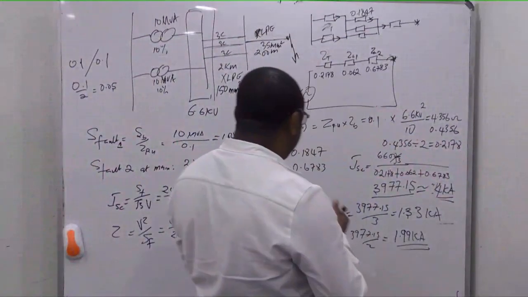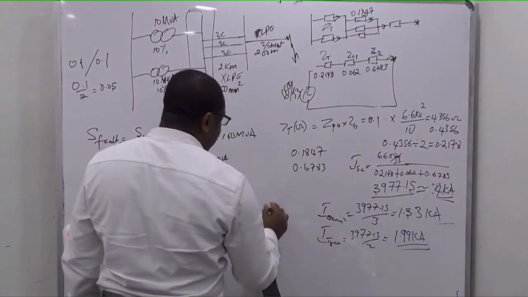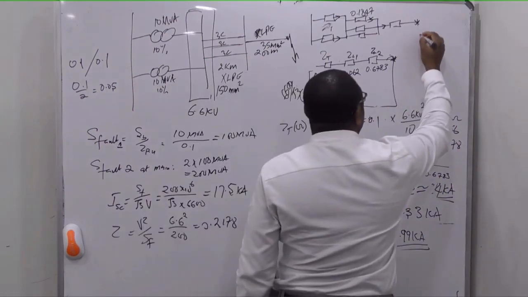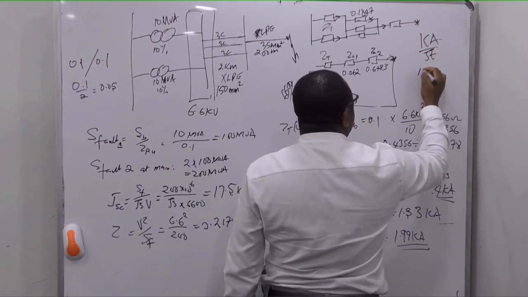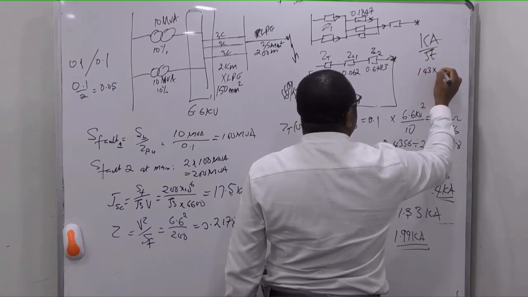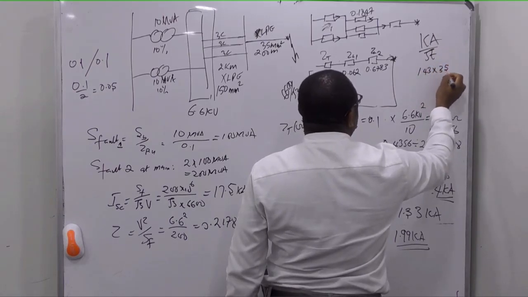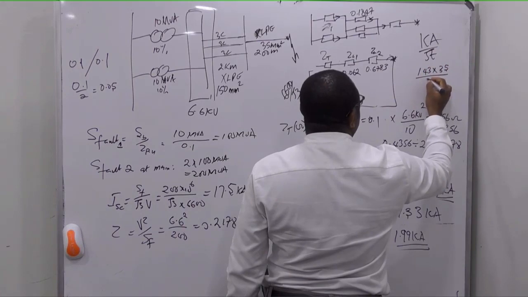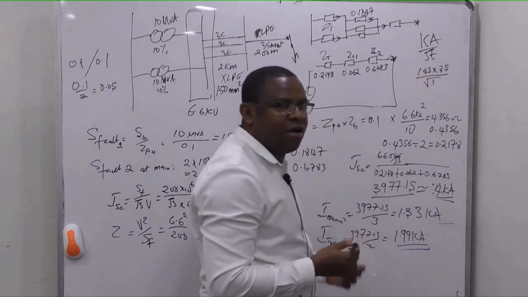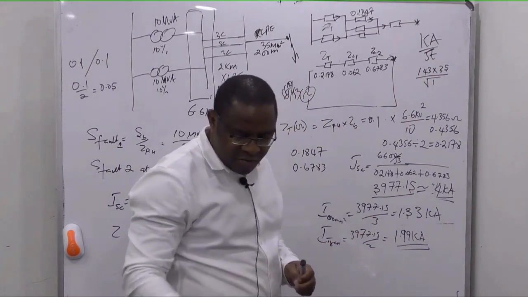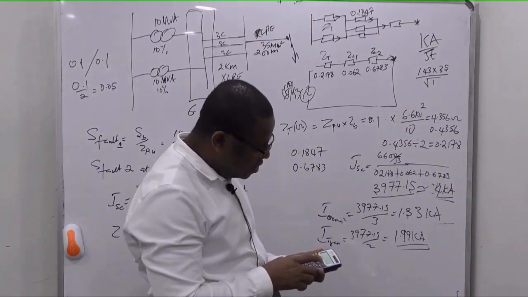Because I want to use K A over root t. So 143 times 35 mils divided by the square root of 1, if you are looking at 1 second. Let's see how much that cable can take.